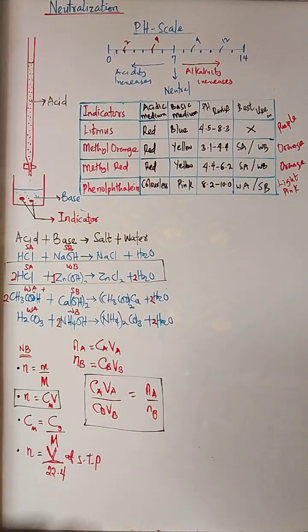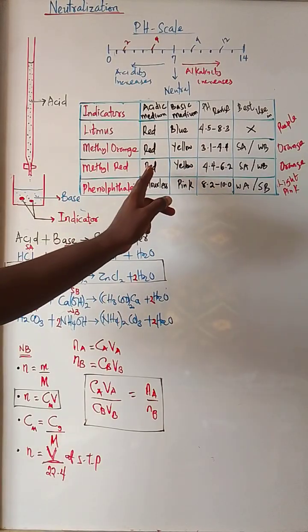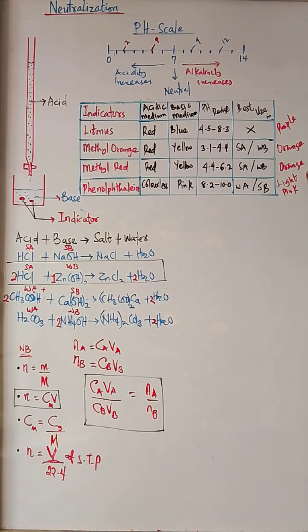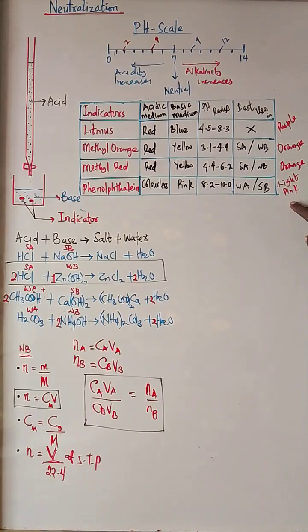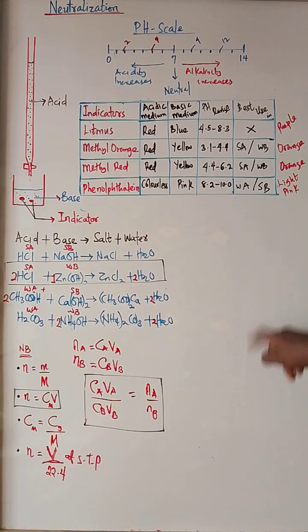But the standard is to add it to the base. So the midway between yellow and red is orange. Although for methyl red, the orange will be a bit dark, like a reddish orange. This one will be the normal orange. This one will be very close to orange. While this one is going to be a very faint pink, or we call it a light pink. So that is what we mean by midway color.